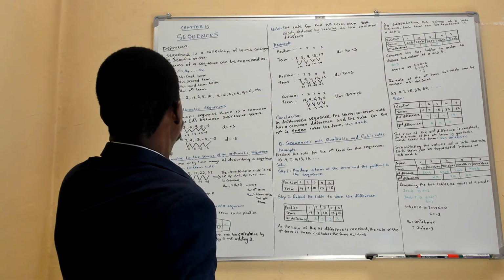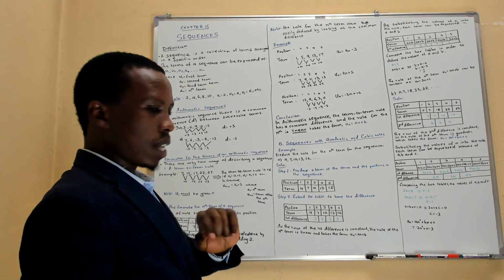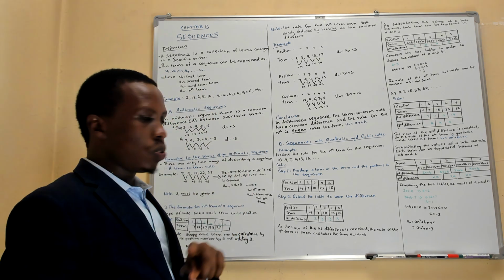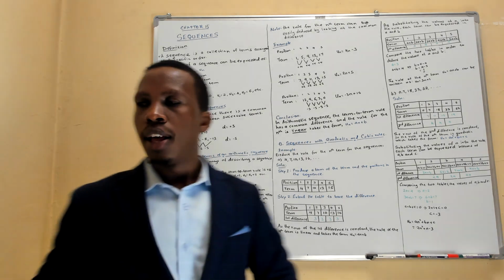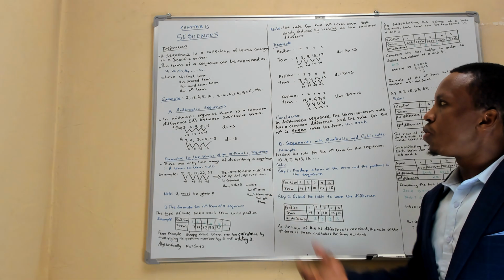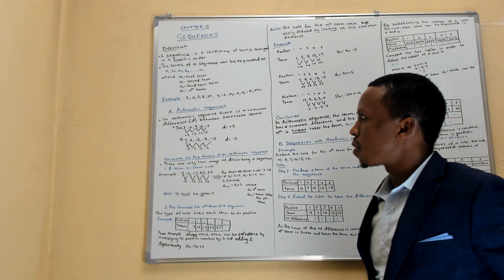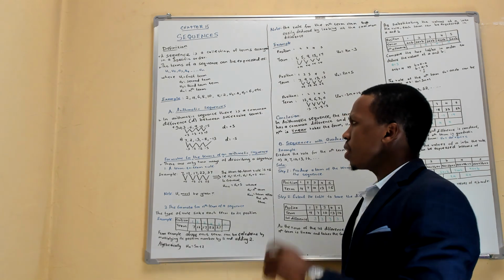U1 represents the first term. U2 is the second term. U3 is the third term. U4 is the fourth term, and also the nth term is Un.